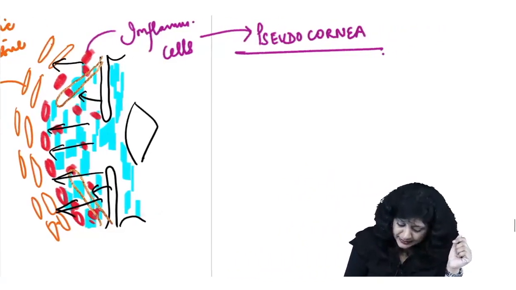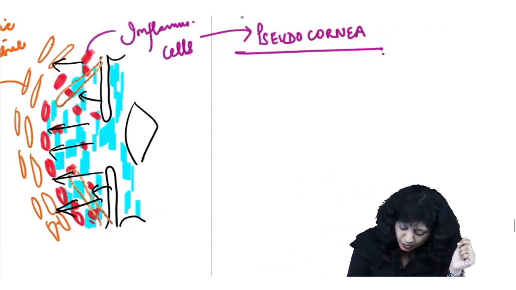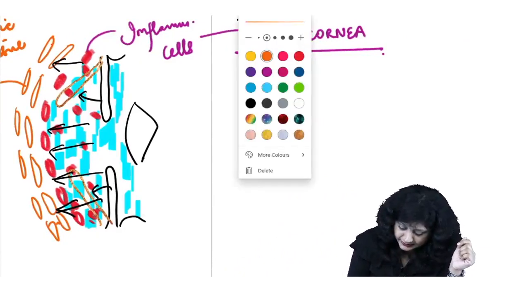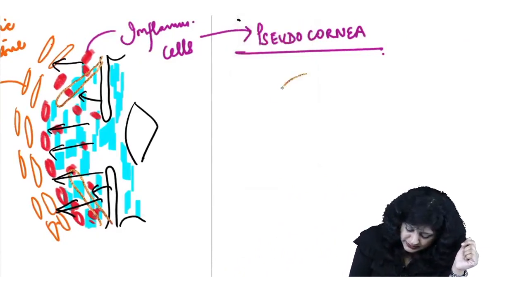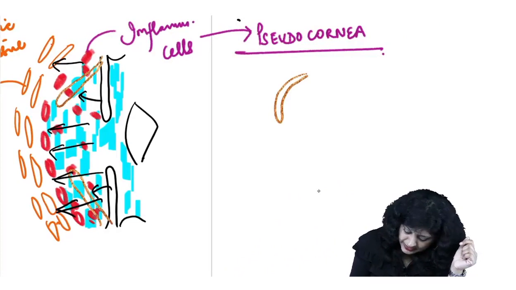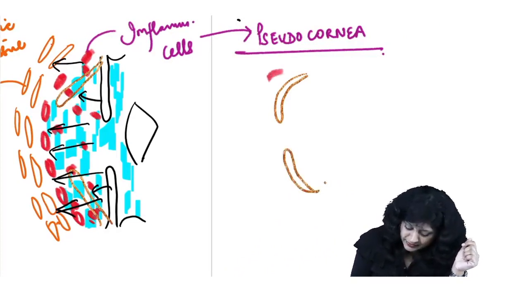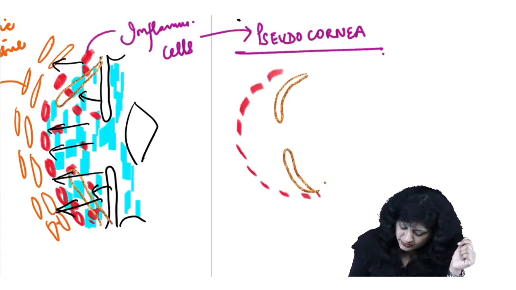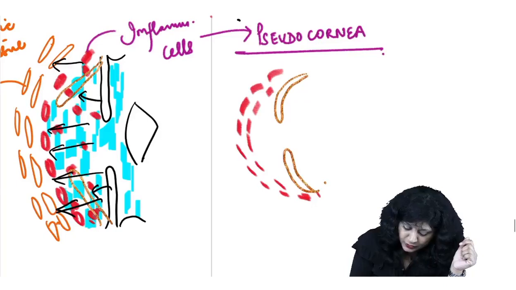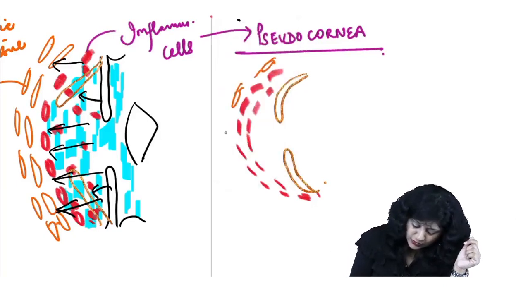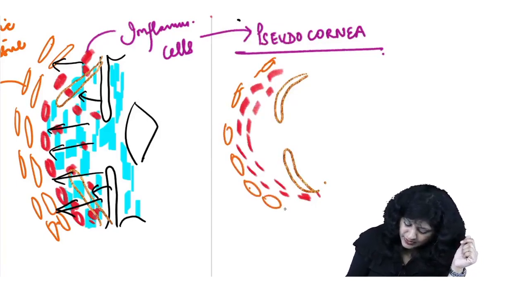So what is happening now? We have got the iris here. Suppose this is your iris, and over the iris now everything is ectatic. So we have got these inflammatory cells, and then we have got a lot of fibrotic tissue that is also bulged out.